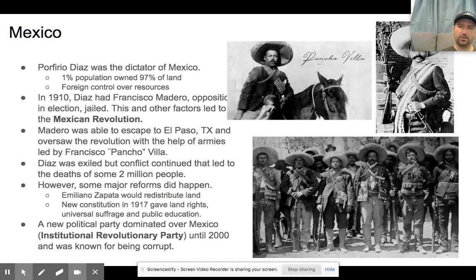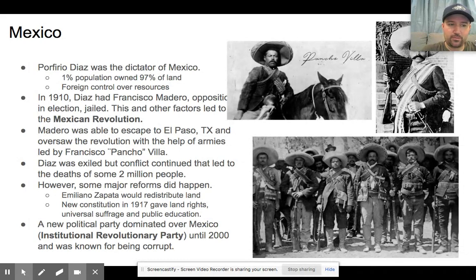Eventually Madero is able to escape jail, and he flees to the United States, particularly the border town of El Paso, Texas, where he sets up a revolutionary office and begins to coordinate a revolution within Mexico. He had people helping him militarily and such.